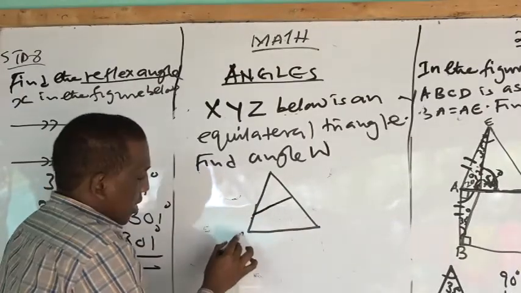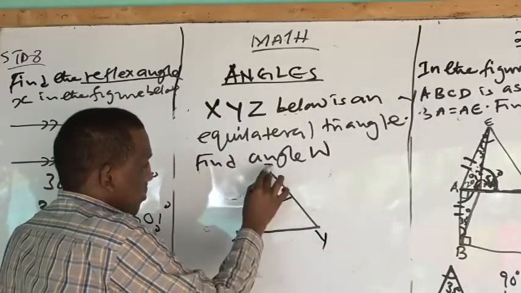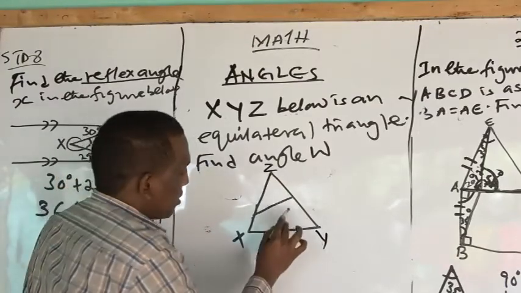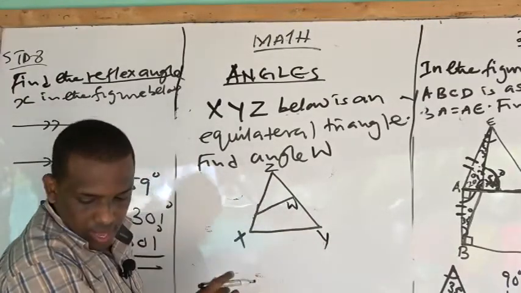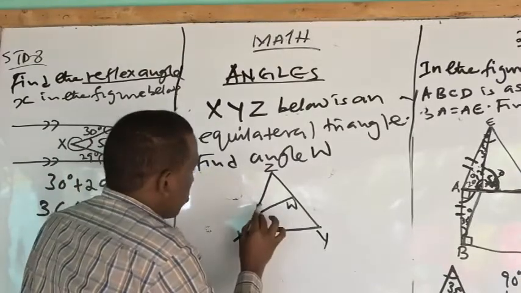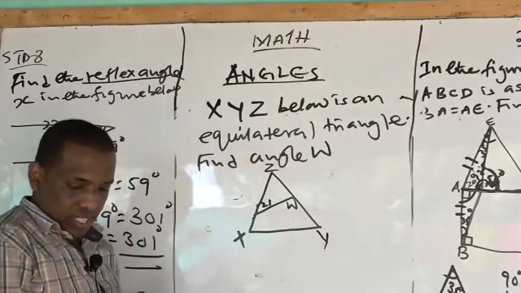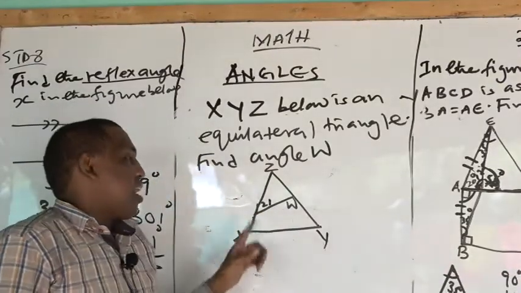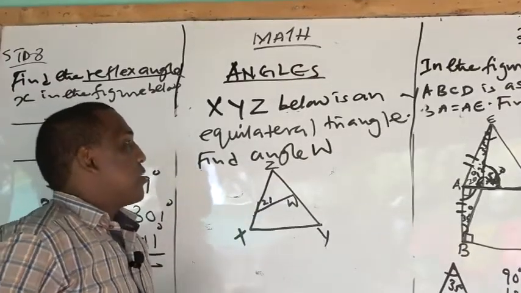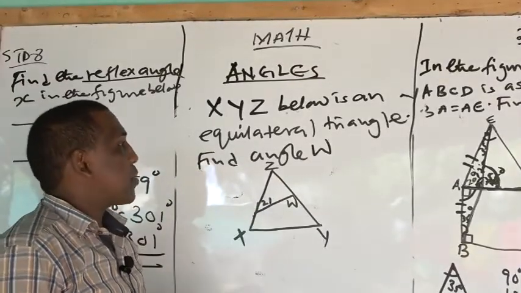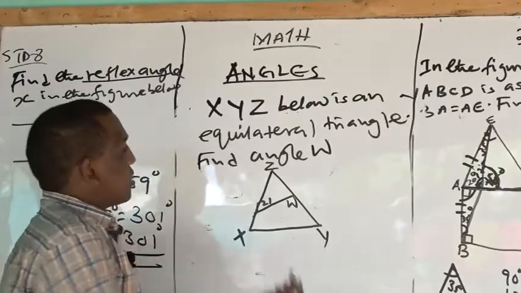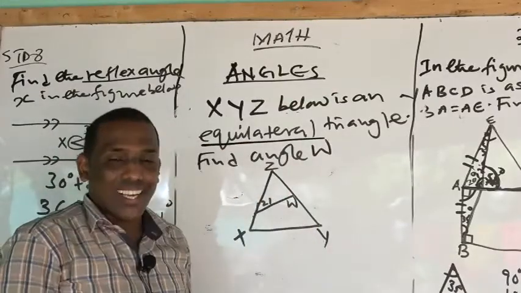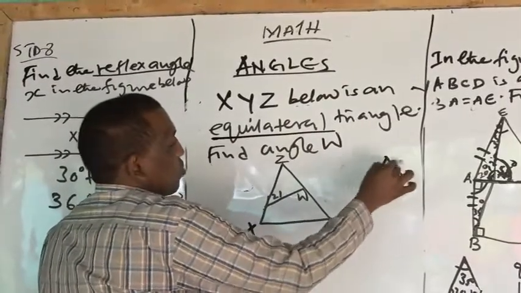Here is X, Y, Z. Then here they say W. Here you are given 21 degrees. The figure is this way now. If it is this way, it is very hard to do this figure. But there's one thing that is helping us: equilateral. As I said earlier, this figure is called equilateral.